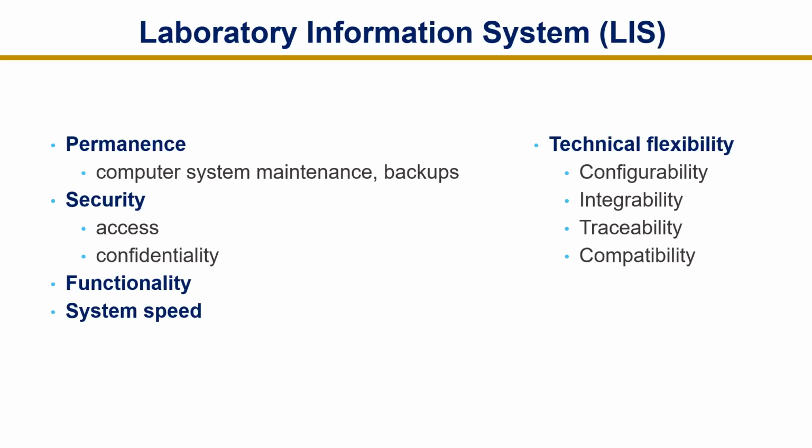System speed, technical flexibility, including configurability, integrability, traceability, and compatibility are also things that you need to consider. This obviously is not the entire list, but they're basically the major things to look into when you are thinking to bring in a laboratory information system.